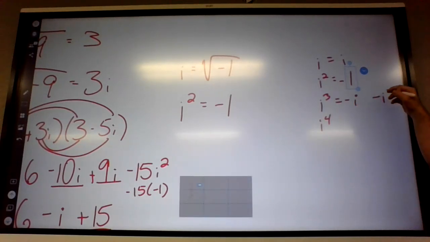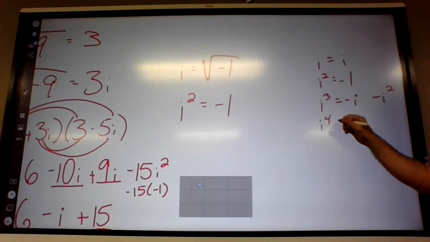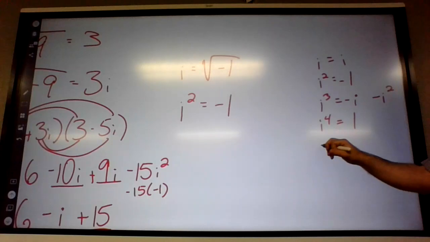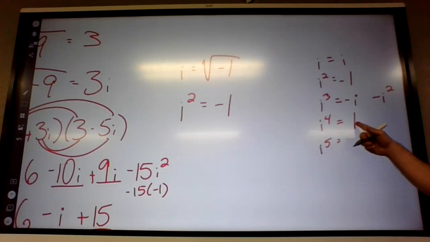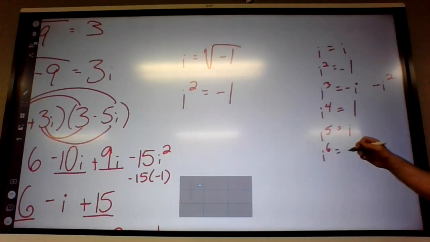So it would be negative i squared, but i squared is negative 1. So this is negative negative 1, so this is positive 1. i to the fifth would be that times another i, 1 times i. i to the sixth would be that times another i, so i squared is negative 1.